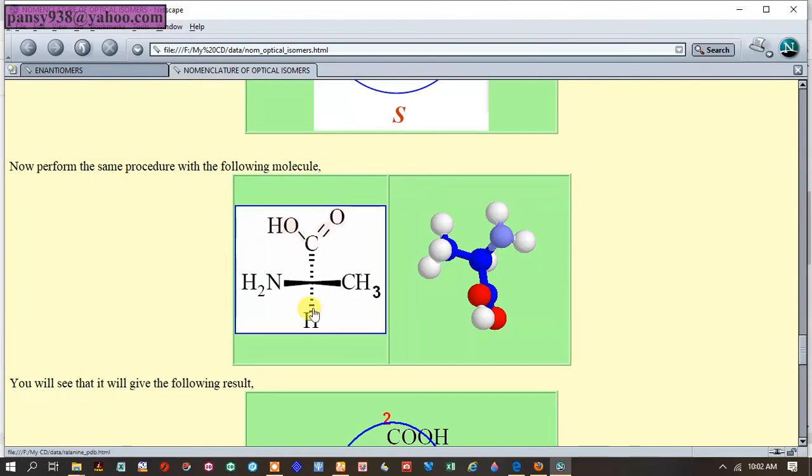So this is nitrogen. Nitrogen has the highest priority. The second one is the carbon attached further with these oxygens, which gives it high priority, and the third priority goes to this methyl group.